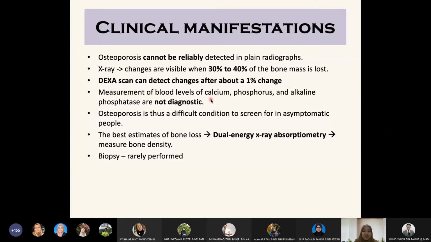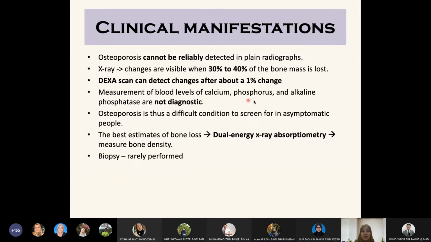Okay, and a measurement of biochemical investigations like calcium, phosphorus, alkaline phosphatase. Alkaline phosphatase, the short form is ALP. ALP is synthesized by the osteoblast. So it is not very helpful, especially in those with postmenopausal and senile osteoporosis.